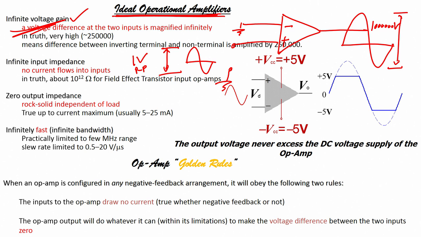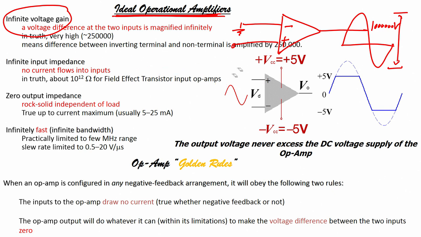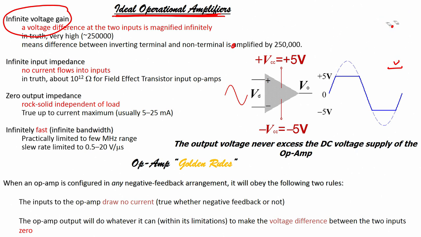What we will see is that even with infinite voltage gain, the output cannot exceed the supply voltage. What is the supply voltage?